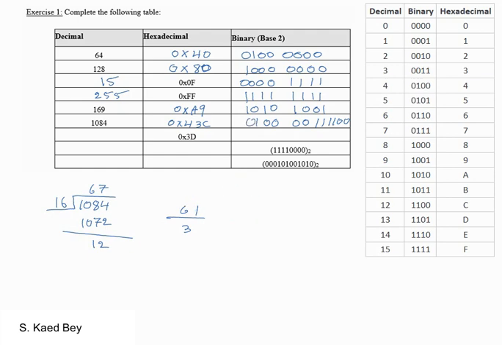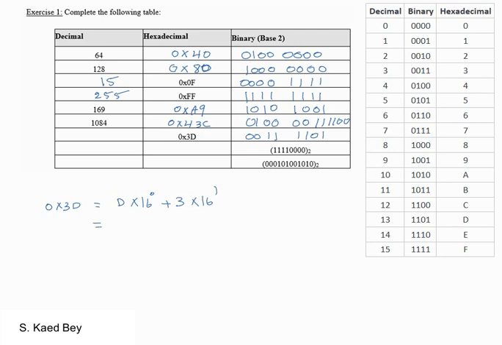The following number is in hexadecimal format, so 3D is equivalent to the letter D is 1, 0, 1, 1, and the letter 3 is 1, 1, 0, 0. In order to convert the hexadecimal 3D into a decimal number, we take the first digit, which is D times 16 to the power 0, added to 3 times 16 to the power 1.